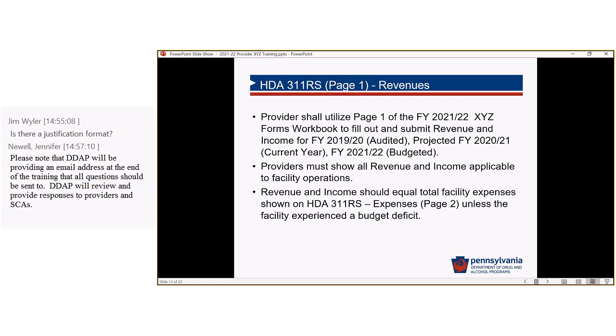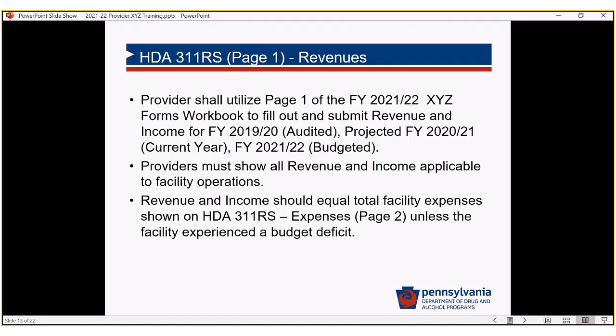So if, when your packets are being reviewed, it's noted that your revenues are not matching up with your expenditures, I would expect a few questions to come back to you if you haven't explained that in your packet. Next slide, please.